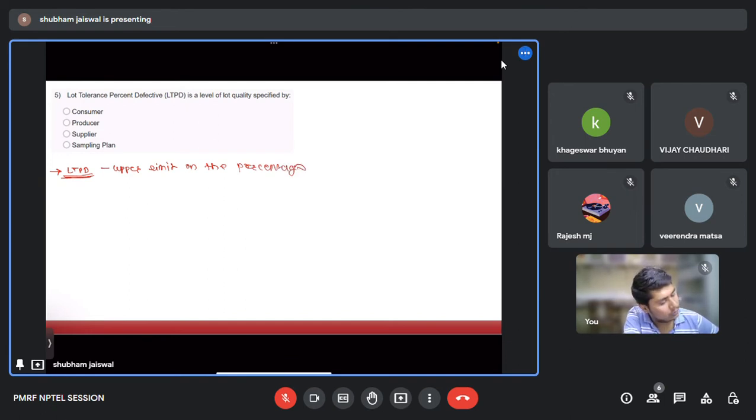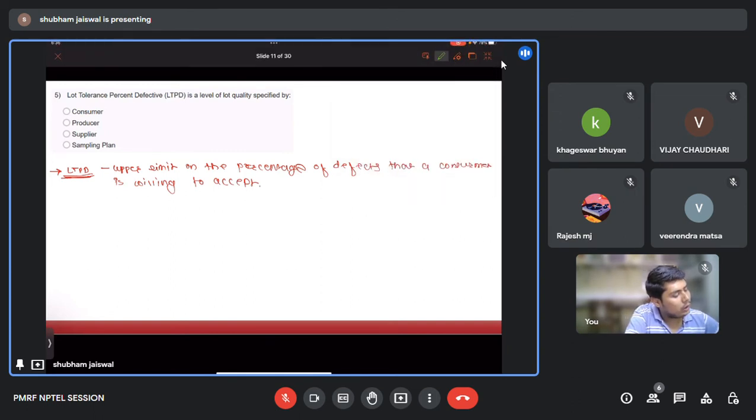Here you can see the word consumer. The consumer is the one defining the limit. The question asks, LTPD is a level of quality specified by whom? So it will be the consumer.